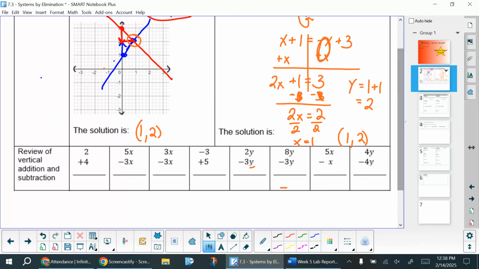The last thing we'll do here before we start with our new method is adding and subtracting vertically. We're going to do this a lot with this new method called elimination, so we need to practice that. 2 plus 4, 6.